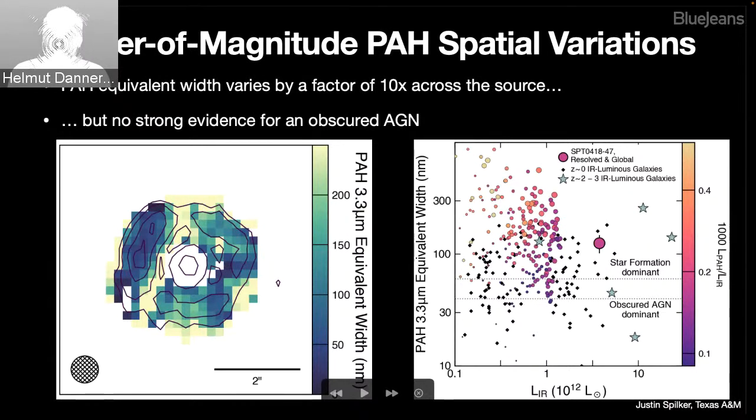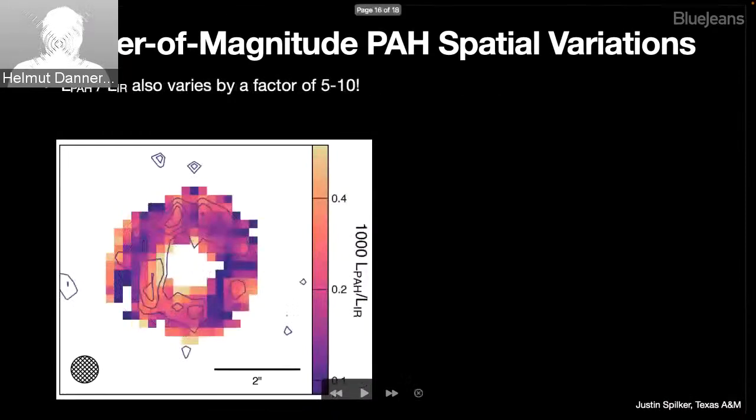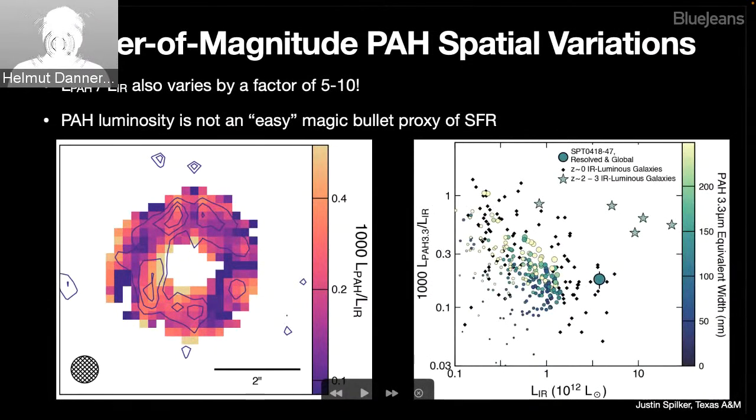So it seems like this galaxy probably really is dominated by a starburst, dust-obscured star formation without an AGN. Similarly, if you compare the emission of the PAHs to those larger dust grains at the far infrared wavelengths, we find, again, these factor of 10 variations in the ratio of those 2 luminosities. What that tells you is that this is not going to be an easy magic bullet star formation rate indicator.